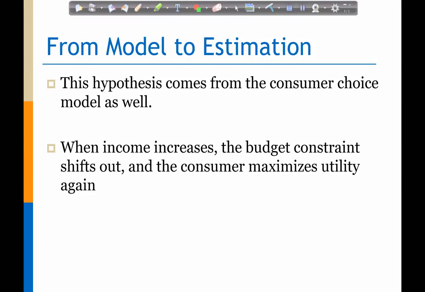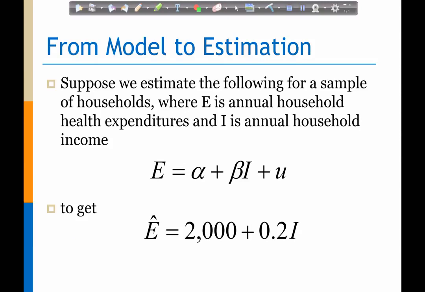When income increases, the budget constraint shifts out, and the consumer maximizes utility again by getting to a higher indifference curve on that higher budget constraint. Suppose we estimate the following for a sample of households, where E is annual household health expenditures and I is annual household income. We get the following result: predicted expenditures are equal to 2,000 plus 0.2 times I. So as income goes up, so do health expenditures.